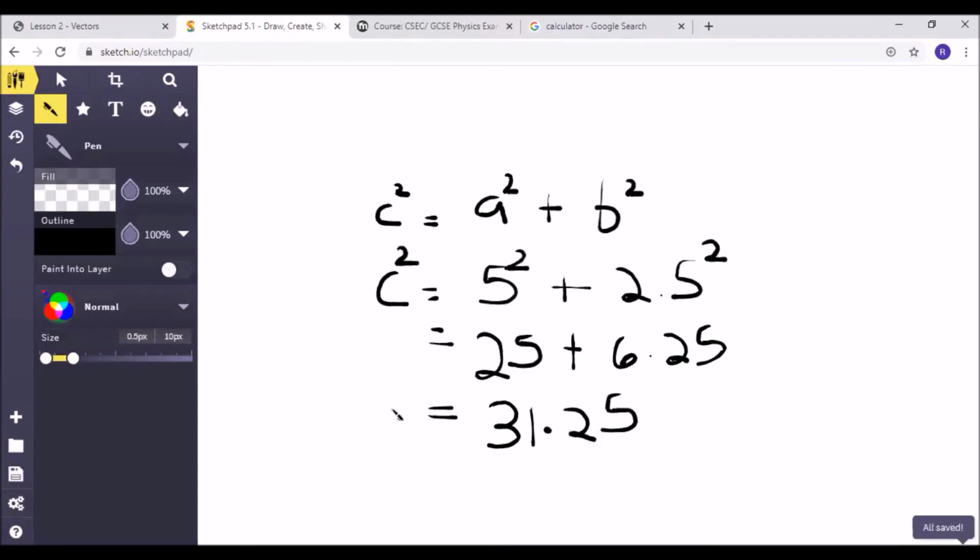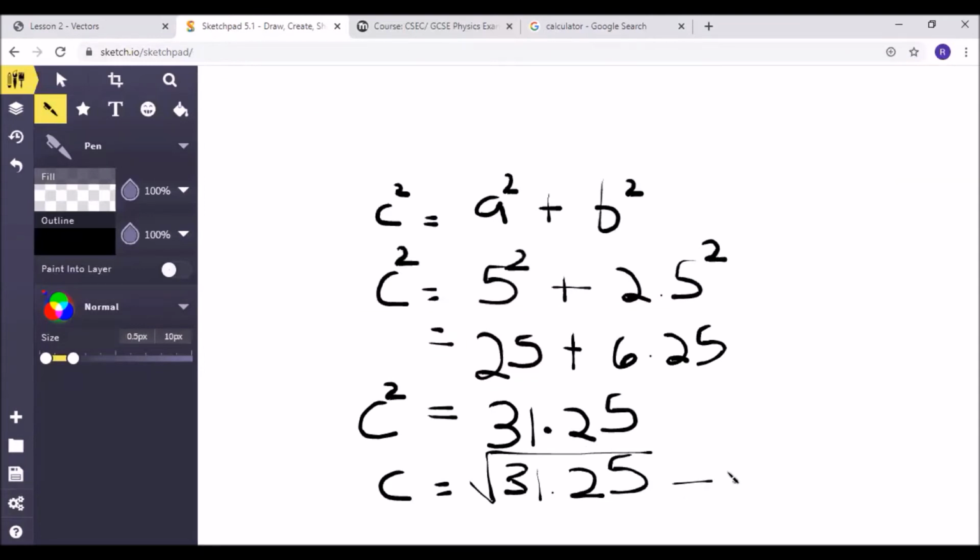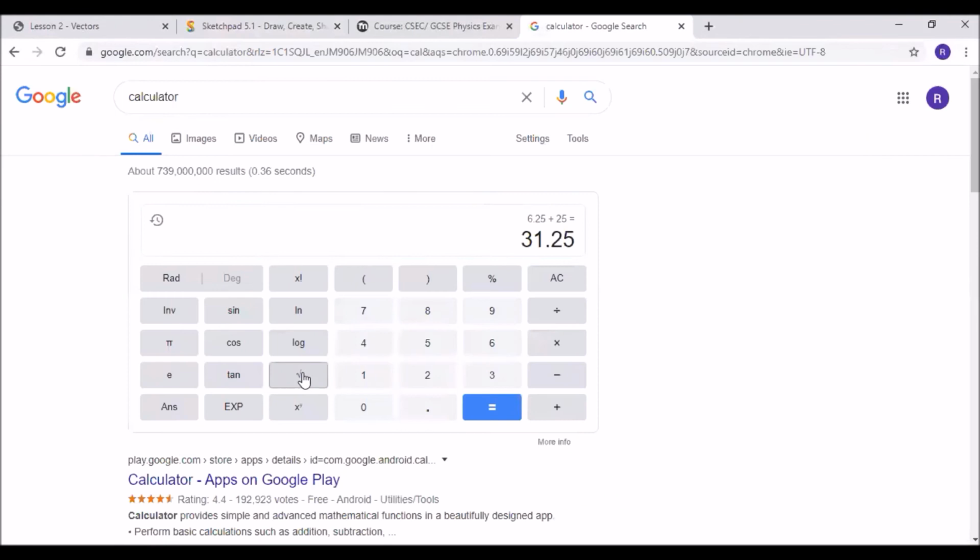But this is not the answer. C squared is 31.25. What we need to find is C. So in this case, we will find the square root of 31.25, and the square root of 31.25 is 5.59.